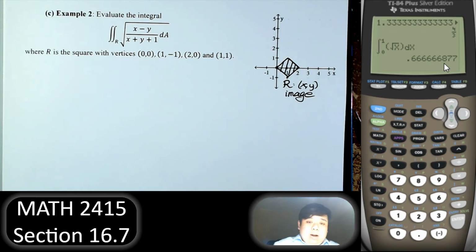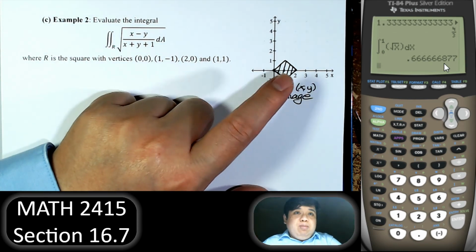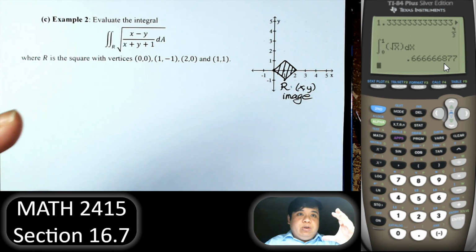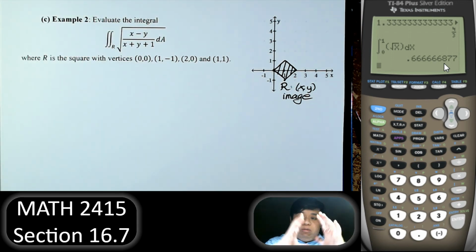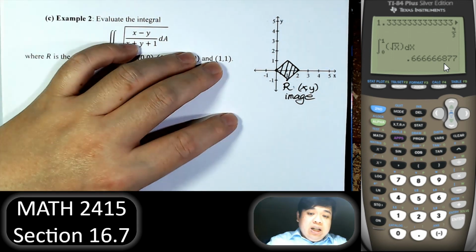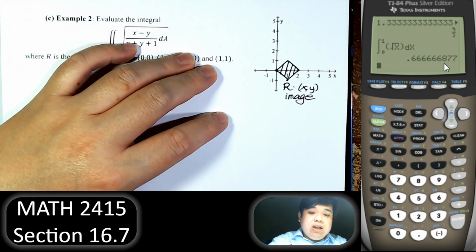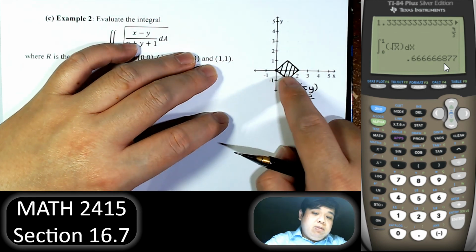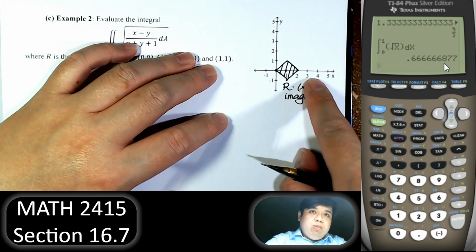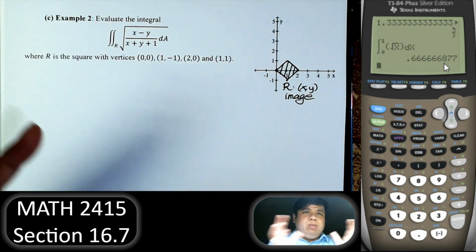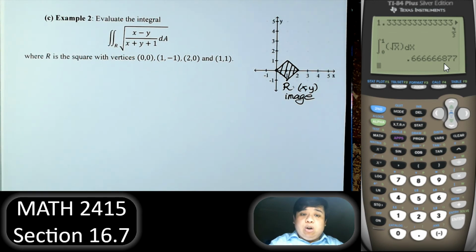Now, setting up the limit for a square like this may be a little bit difficult because there are multiple boundaries. It doesn't matter where you look at it. If you look in the x direction, there are 2 boundaries on the left, 2 boundaries on the right. And if we look from the bottom to the top, 2 boundaries on top, 2 boundaries at the bottom. So it looks like we have to split the integral, even if we want to do this.